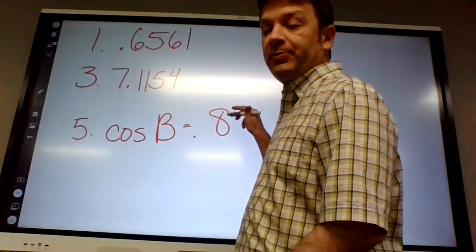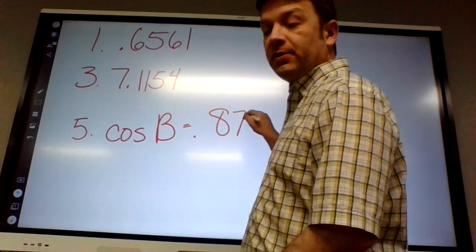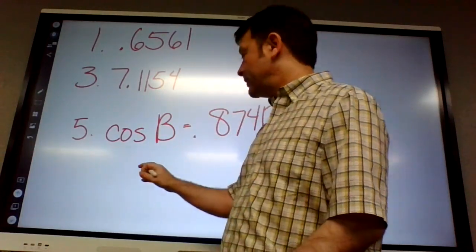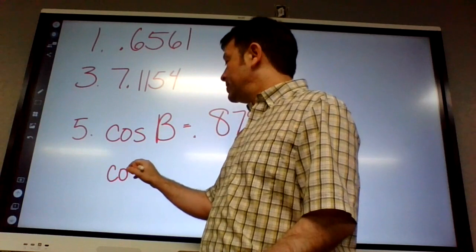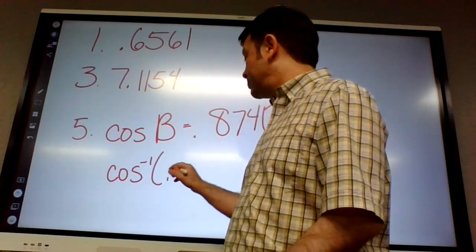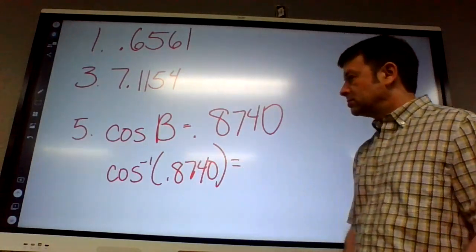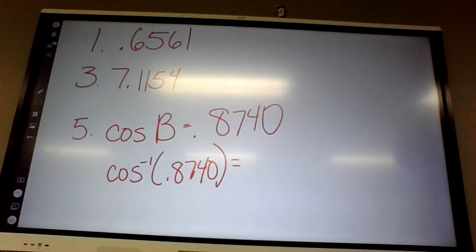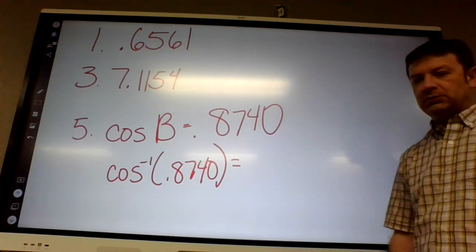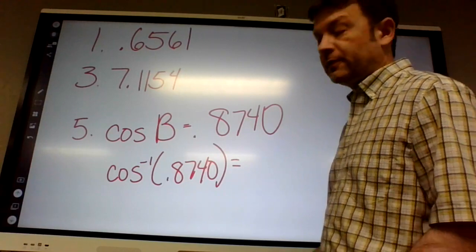So if cosine of B is 0.8740, to find angle B, we need to do cosine inverse of 0.8740. And it said round to the tenths place. What's the tenths place? The first decimal.